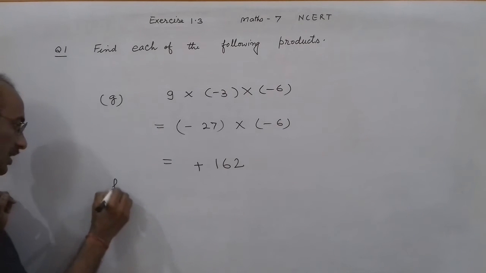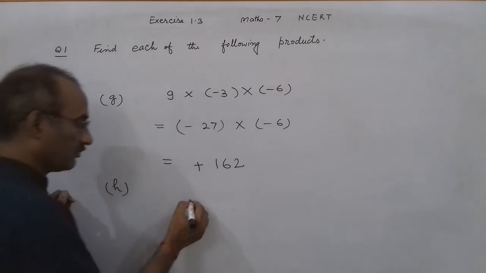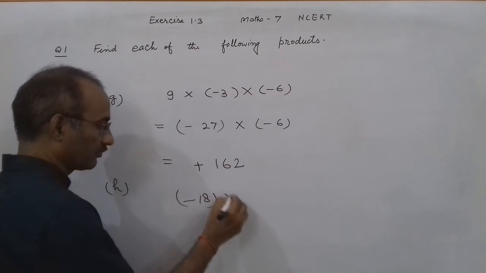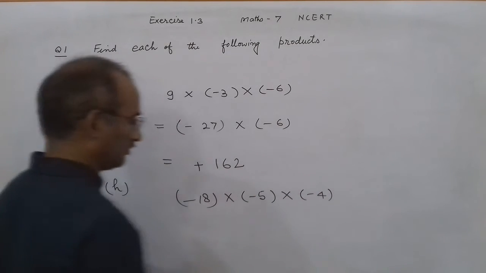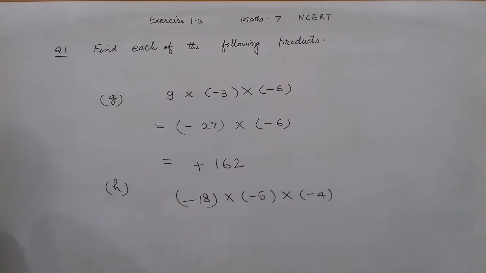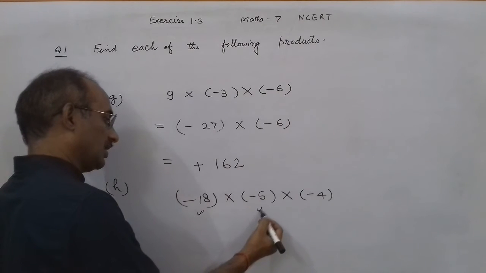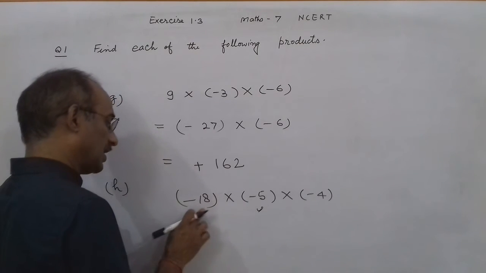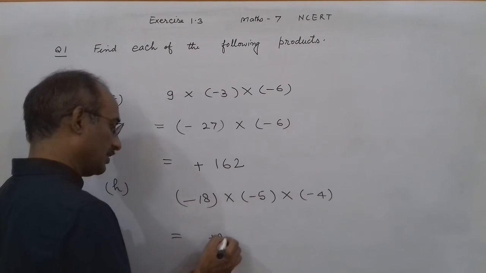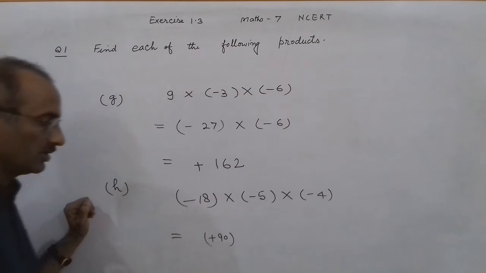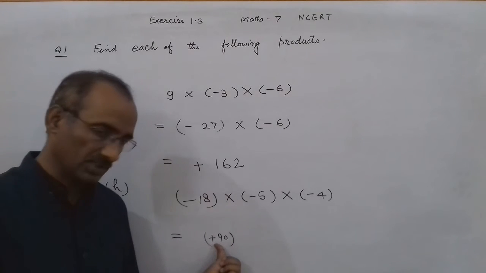The next question we have is minus 18 multiplied with minus 5 multiplied with minus 4. Here we have minus 18 and here we have minus 5. If we multiply minus 18 with minus 5, then we get plus 90, because the product of two negative integers is always positive.